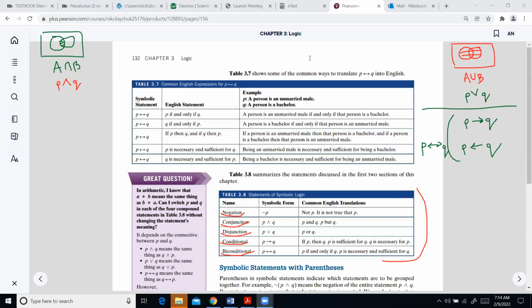In fact, biconditional statements are very popular when we're dealing with so-called definitions. So for example, let me come up with something by myself. If you have the set of natural numbers, do you ever see this notation?